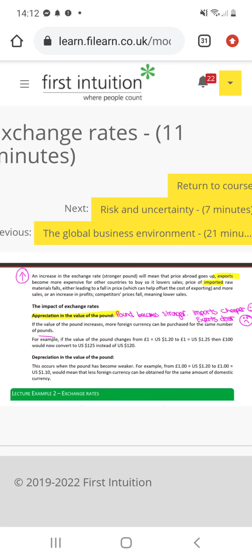We have a numerical example here. If the value of the pound changes from £1 being worth $1.20 to £1 being worth $1.25, then £100 would now convert to 125 US dollars instead of $120. So this is a good thing.